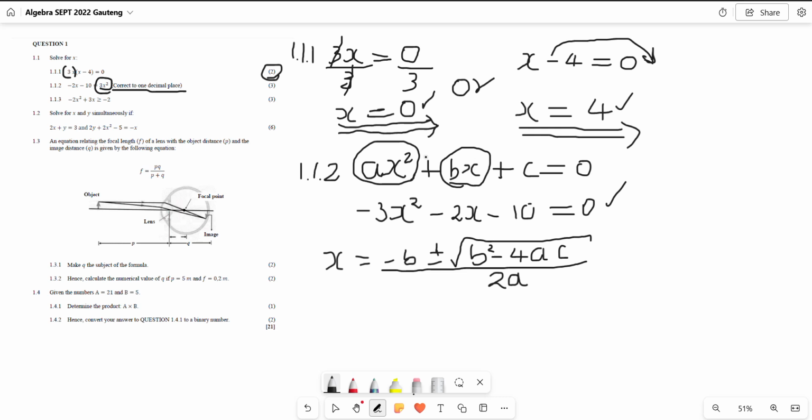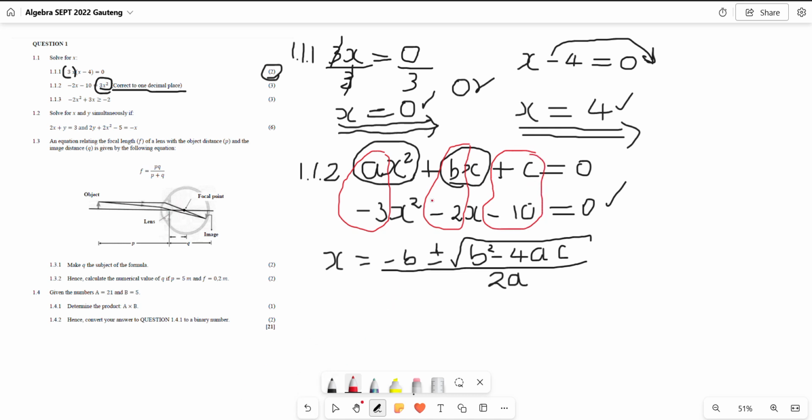Then what will be the value of b? Here is the value of b and its respective sign. Here is the value of a and its respective sign, and here is the value of c and its respective sign.